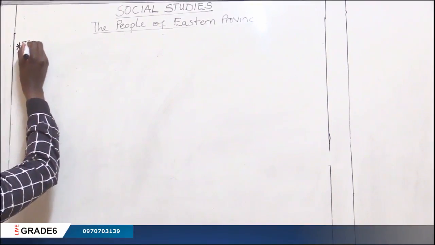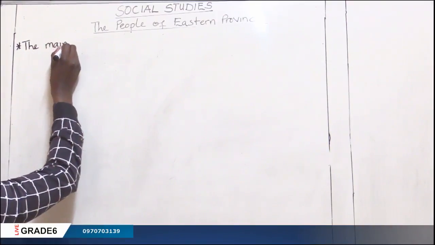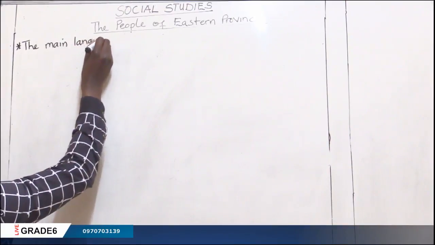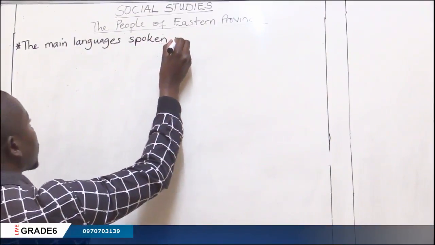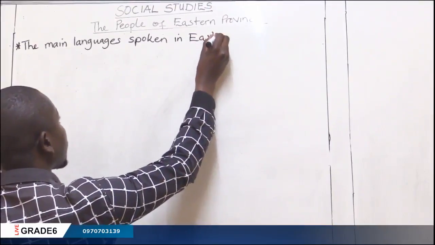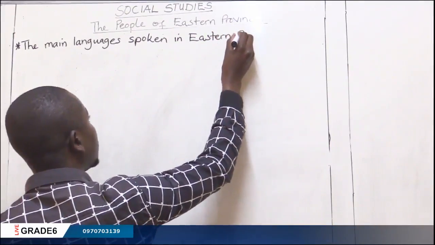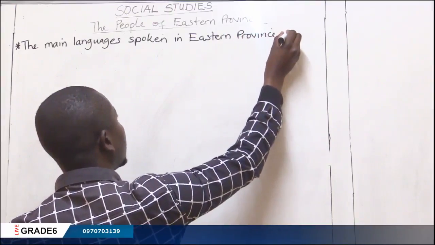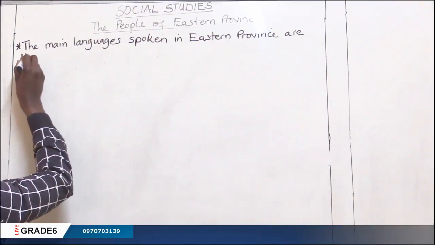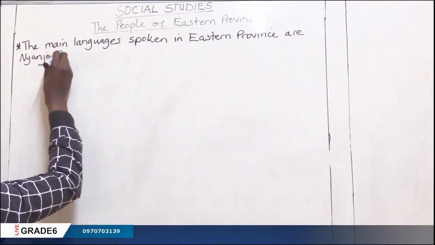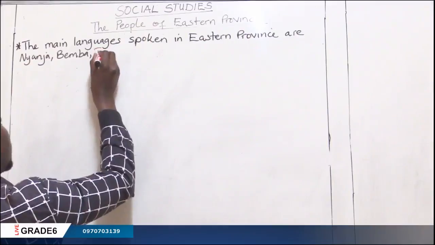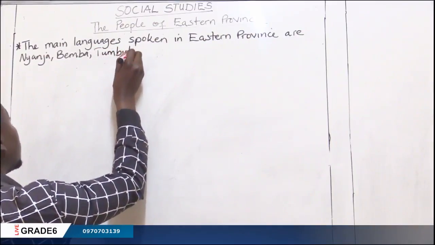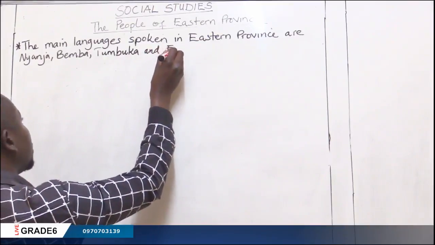Okay, the main languages spoken in Eastern Province are Nyanja, Bemba, Tumbuka, and English.